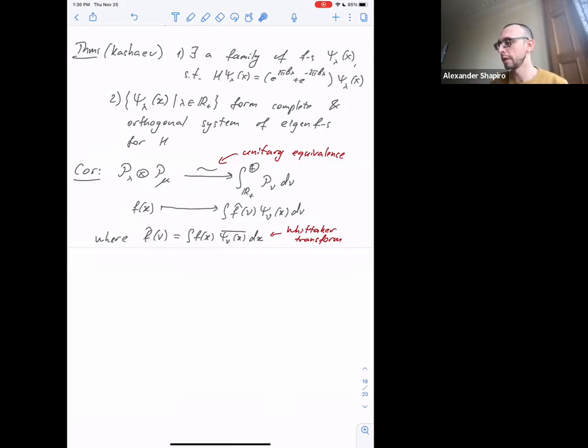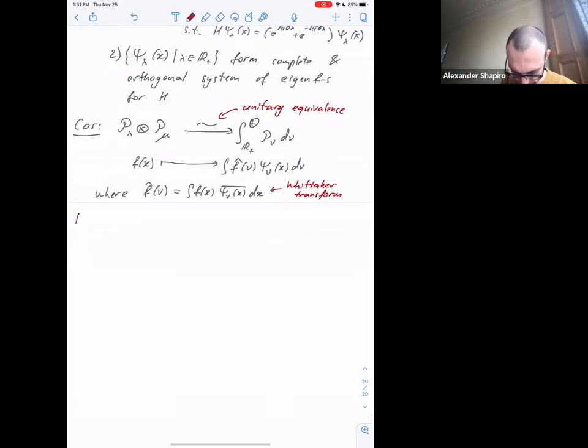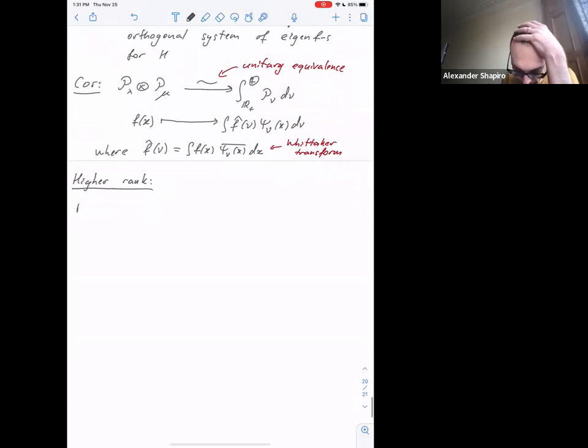All right, so then I'll just go to the high rank case. Right, so what happens in high rank? So in high rank, let me again do just an example of G being SL4.